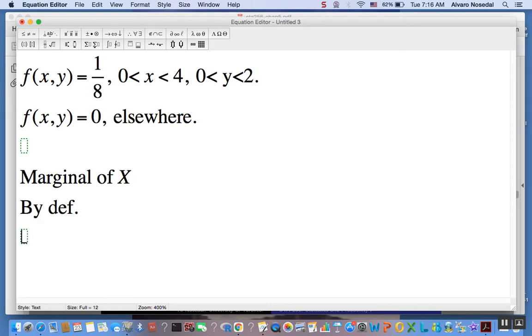So by definition, the marginal of x will be the integral from negative infinity to infinity of the joint probability density function, and we integrate with respect to the other variable.